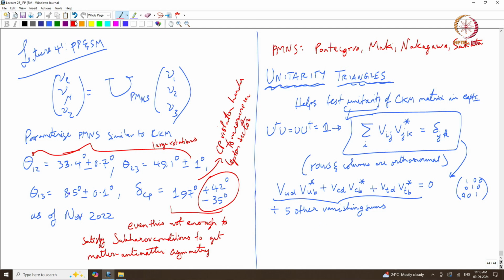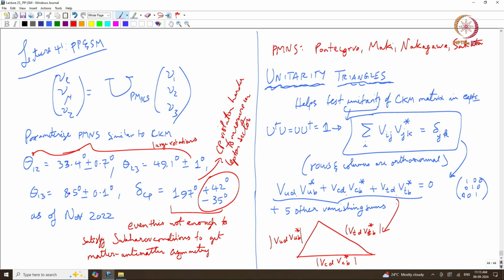I can depict that as a triangle with this side being V_CD V_CB*, that being V_TD V_TB*, and here of course I have V_UD V_UB*.